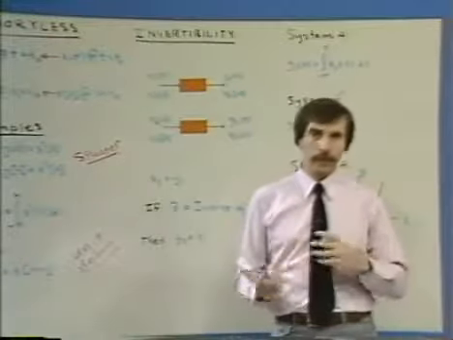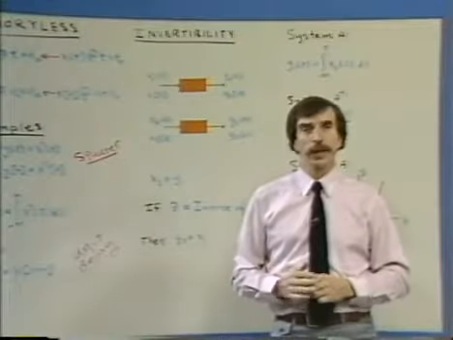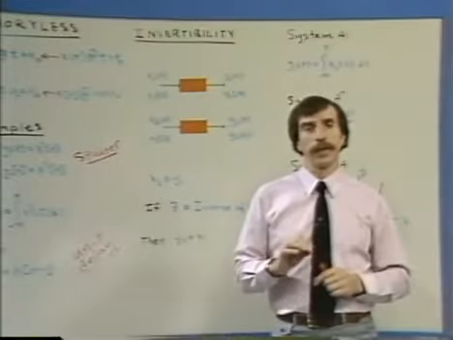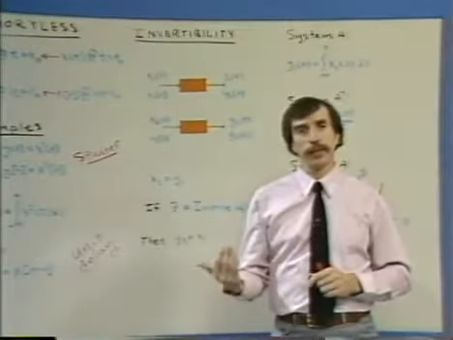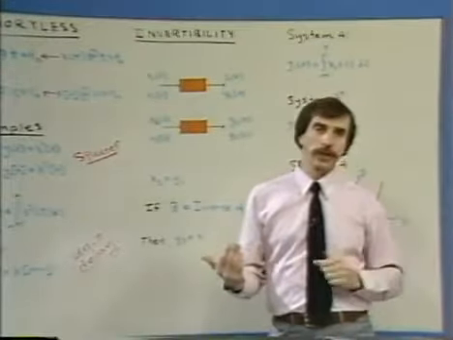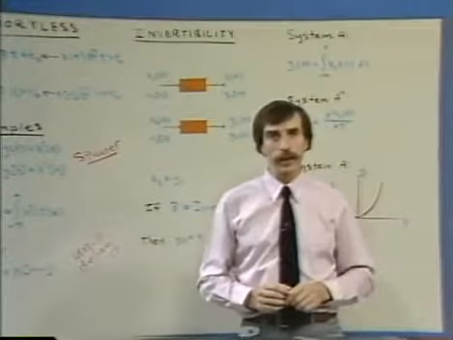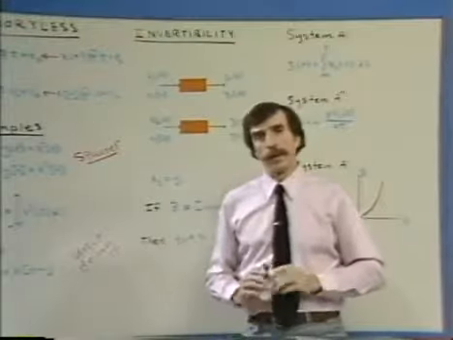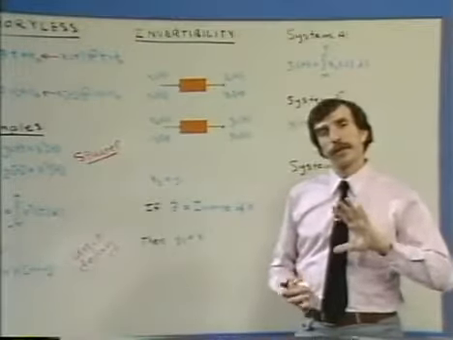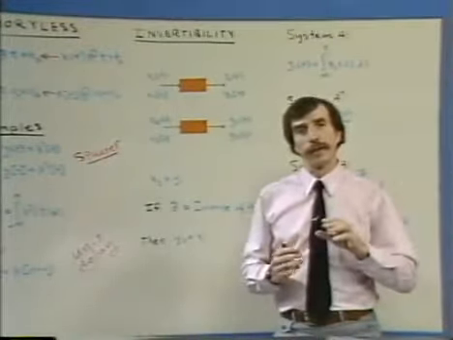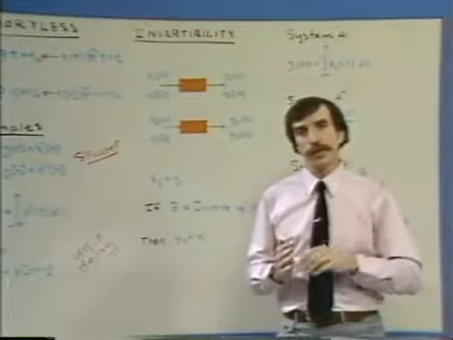That's one definition for invertibility. Said another way, invertibility means that given the output, there's only one input that could have caused it. That's another common definition for invertibility. Another way of looking at it is to look at it in the context of a cascade of systems.